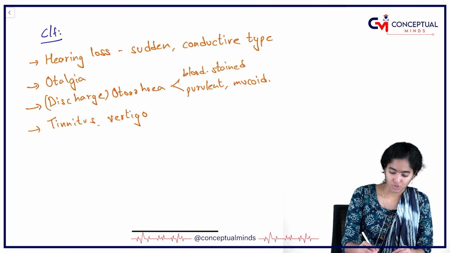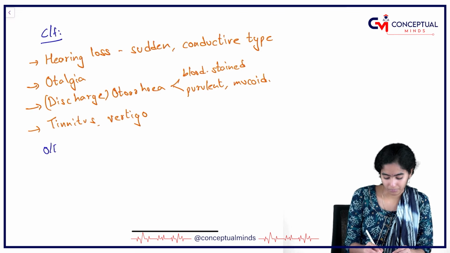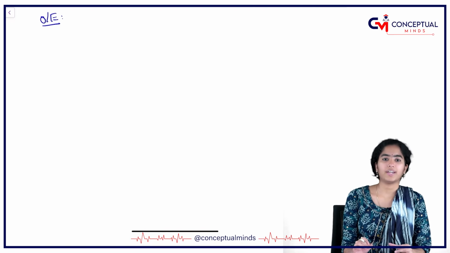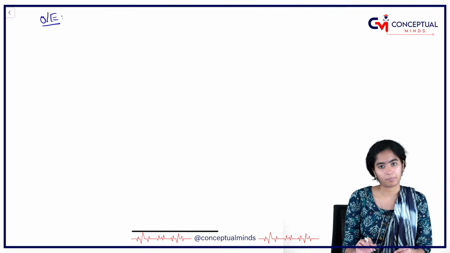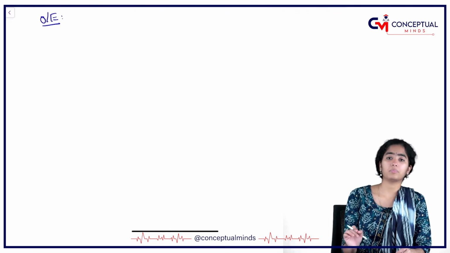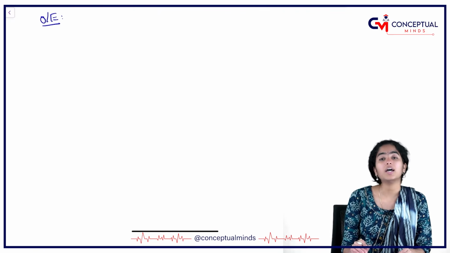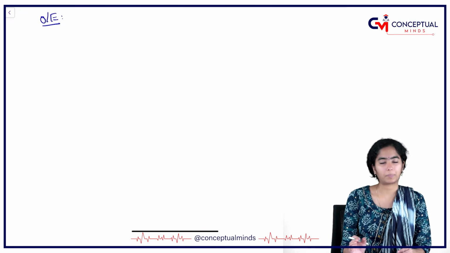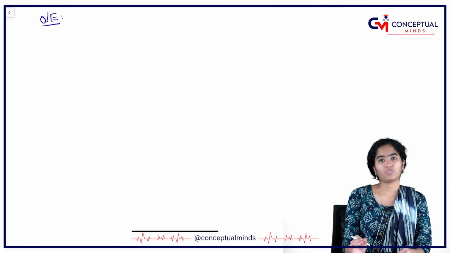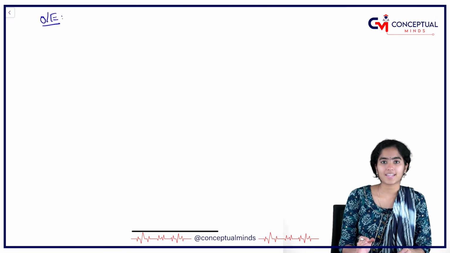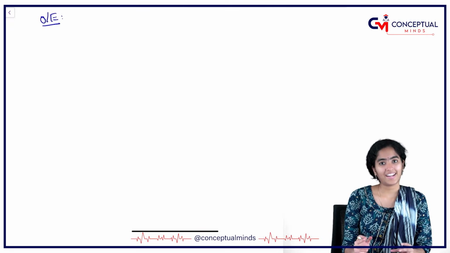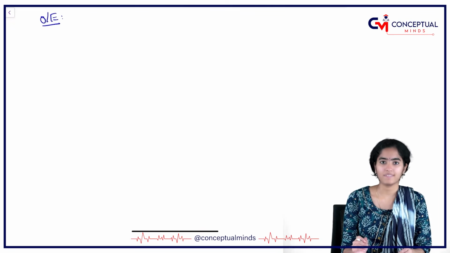Upon examination, what we find is, with the otoscope, you can clearly appreciate a perforation in the tympanic membrane. But if it is a traumatic perforation, even the external auditory canal could be injured, and sometimes that can obscure your view and not let the tympanic membrane be visible.